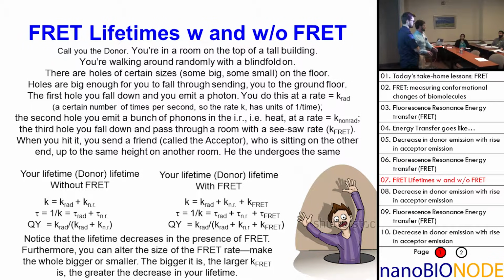So there are holes in the floor, and the holes are big enough for him to step and fall. So the question is, how long will he live up there? When he closes his eyes and starts going around, eventually, whoosh, there we go.